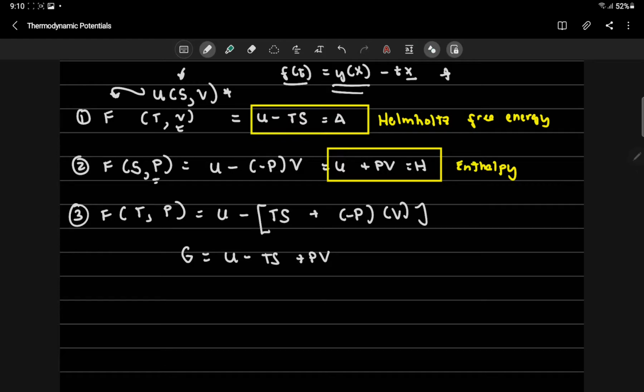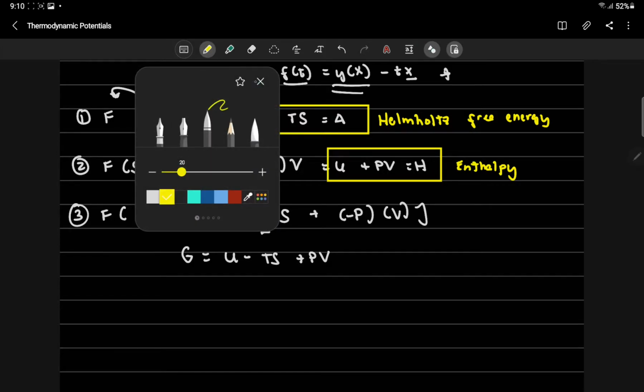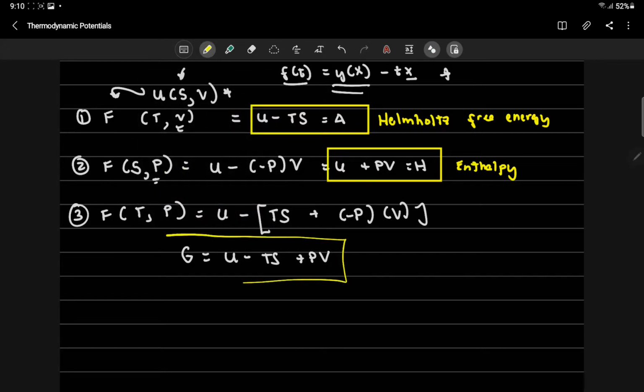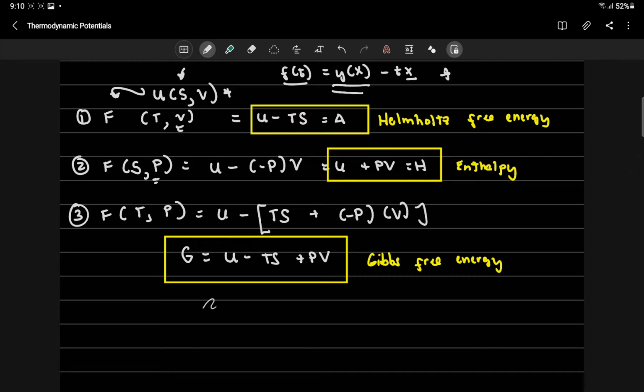So this equation now is what we call, this is the mathematical definition of your Gibbs free energy. So, collectively, si internal energy, si Helmholtz free energy, si enthalpy, tsaka si Gibbs free energy, we call all of this na thermodynamic potentials.